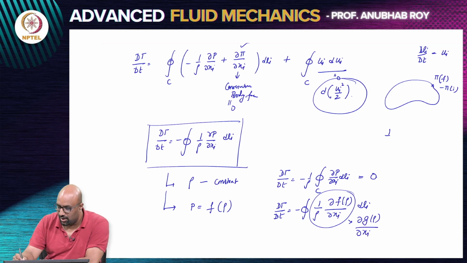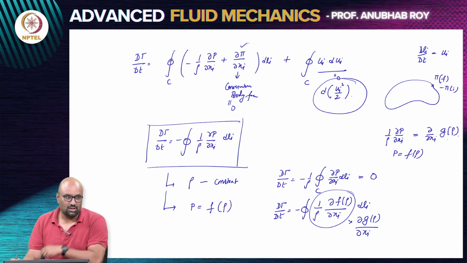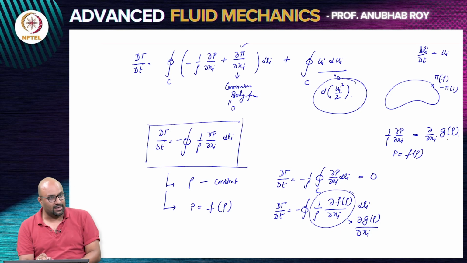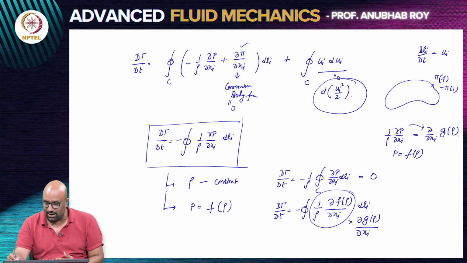My starting point was 1 by rho dou p dou xi. I can't do any simplification, but if p was a function of rho, then I can write this as dou xi of some function of density, because pressure itself is a function of density. So, this particular relation can be simplified by writing it as a gradient of some function of density.